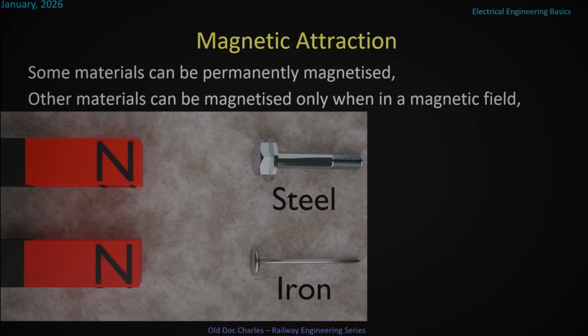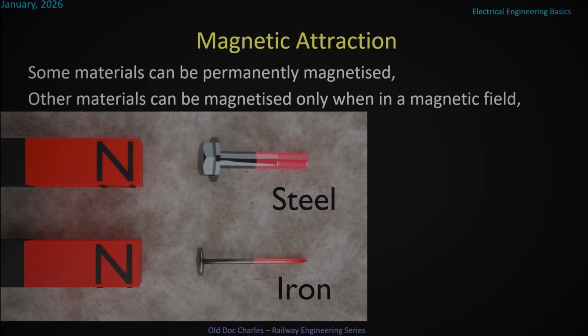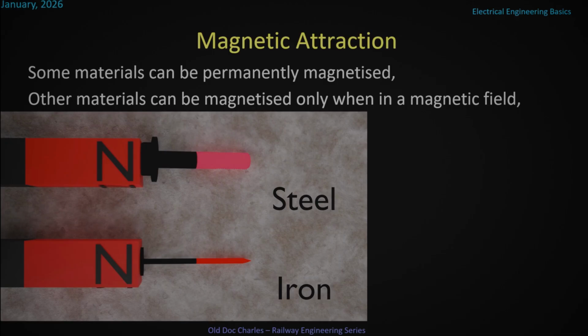Some materials we can permanently magnetize, while other materials can only be magnetized when they're actually in a magnetic field. Here we have a nail and a bolt that are currently far away from the magnet. When they are moved together, you can see that the fasteners start being attracted to the North Pole, and when they come into contact with the North Pole, they become fully magnetized.